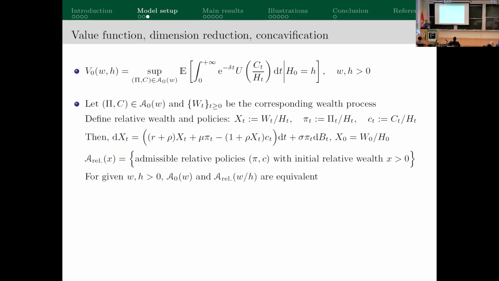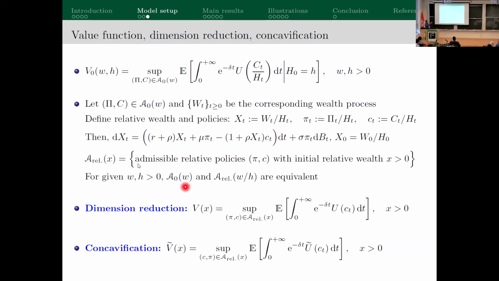So with this, you can transform your original model, which has two state variables, to a model which has just one state variable, relative wealth. That's the dimension reduction. The second is what we call the concavification principle: instead of solving this problem, you replace the S-shaped utility function with its concave envelope.